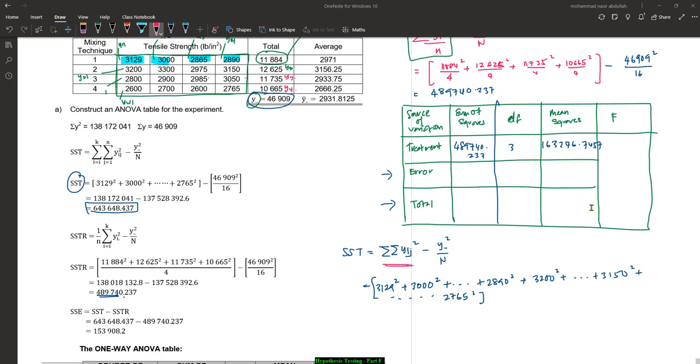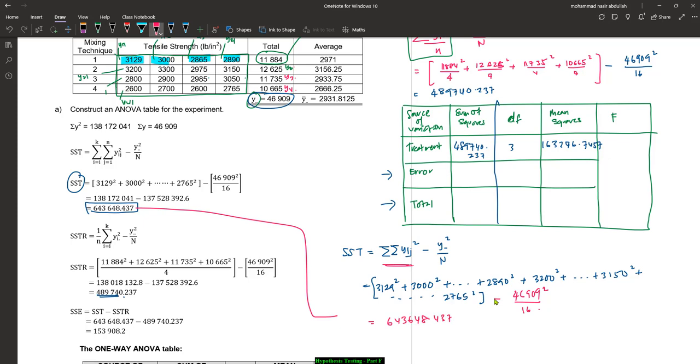So next, we should minus with the y dot dot. Y dot dot means that the total of all observation is 46909 square divided by 16. Right? So supposedly you akan dapat this one lah, 643,648.437.